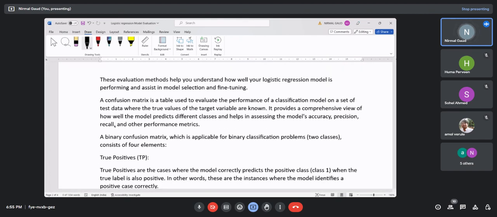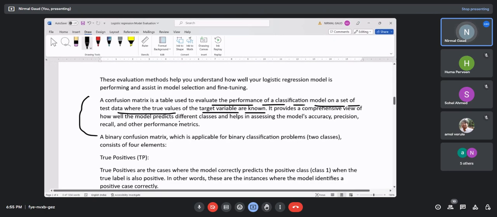First, let me talk about the confusion matrix. To evaluate the performance of a classification model, especially where the true values of the target variable are known, that means it is supervised learning. Logistic regression is also supervised. The target is known, so we need to check whether our model's predictions for the different classes are good or not.